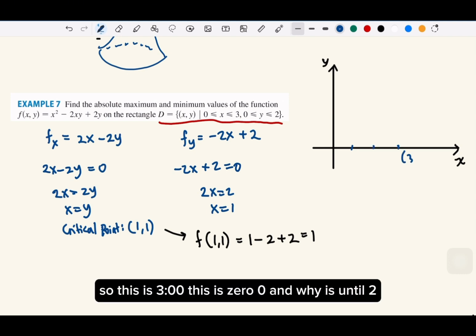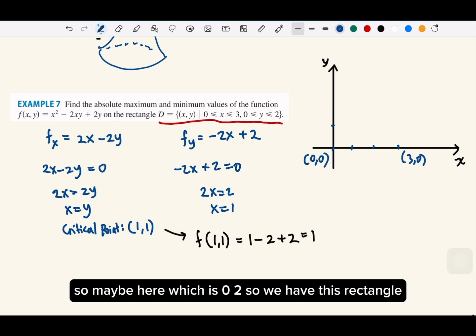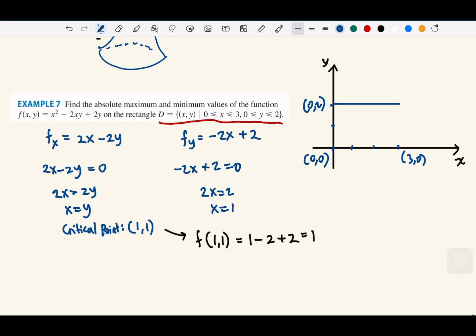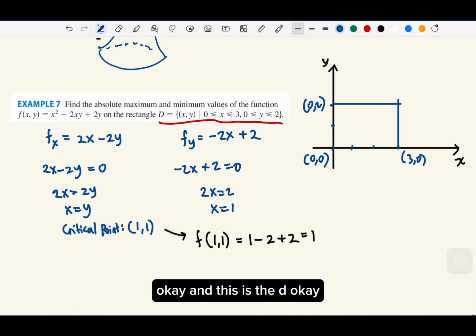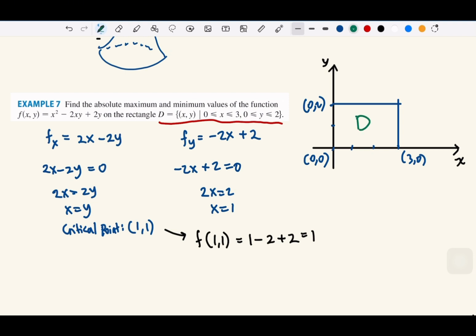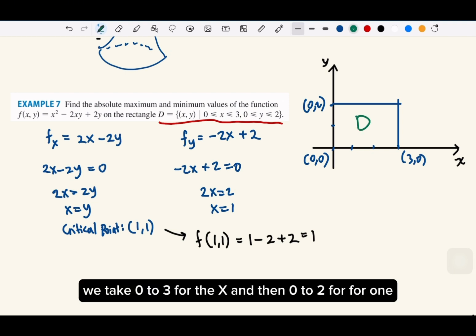So this is (3, 0), this is (0, 0), and y goes up to 2, so this is (0, 2). So we have this rectangle, and this is the D. We take 0 to 3 for x and 0 to 2 for y.